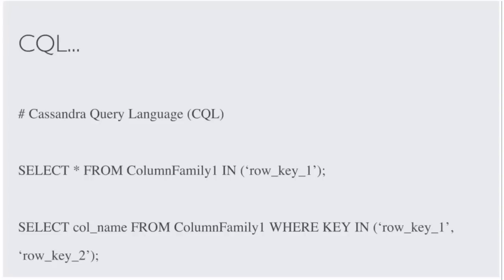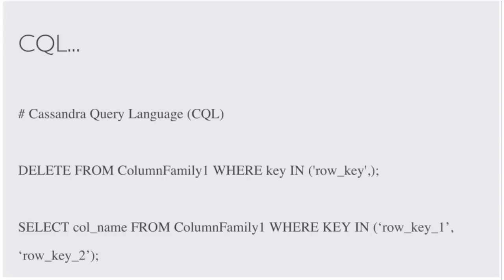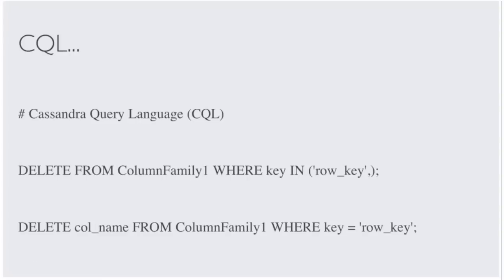I can get back all the columns in a row by doing a select star, or I can get back named columns from a row by doing a select and specifying the column names. Again, I can do a multi-get where I specify multiple row keys there. I can do a delete where I delete an entire row or delete just one column from the column family.